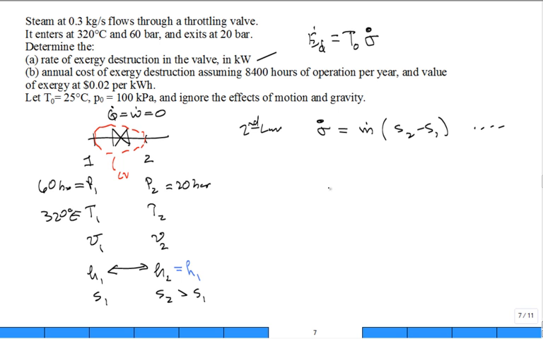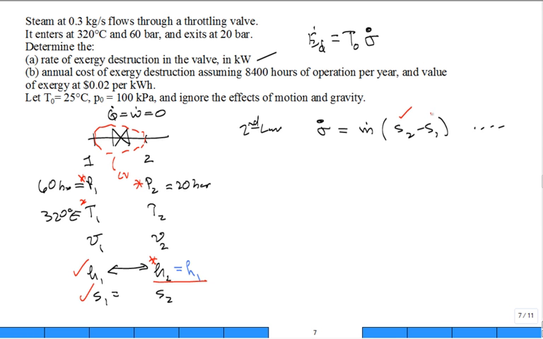Now, how can I find that property S2? I can find S1 by knowing pressure and temperature. That fixes the state. It allows me to get H1 and S1. What about this one, S2? Well, you have to know that H2 can be decided because of the first law. So H2 and P2 fix the state. It gives me S2.